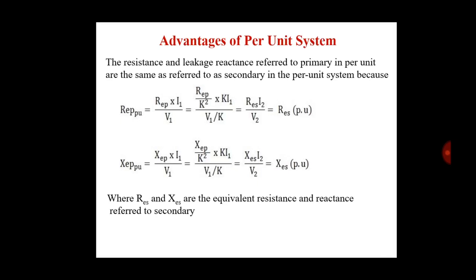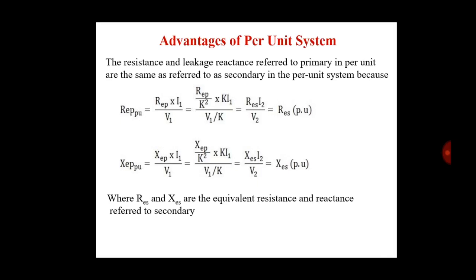Now, R primary referred to secondary is R primary divided by K square, with current K into I1 and voltage V1 by K. These values are used from the equivalent circuit of the transformer. So the equation becomes R secondary into I2 divided by V2 is equal to R secondary per unit.